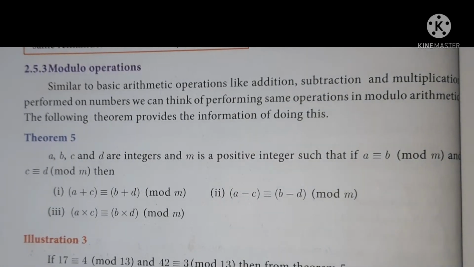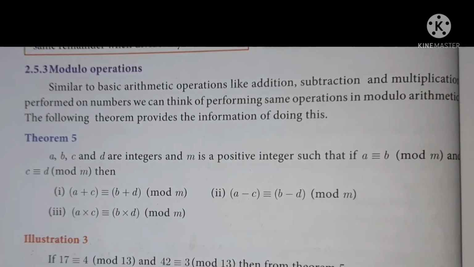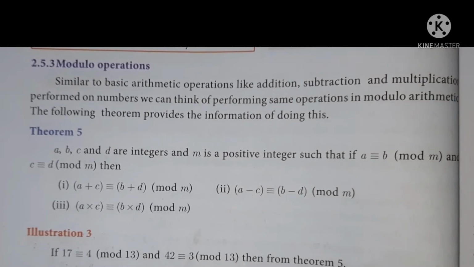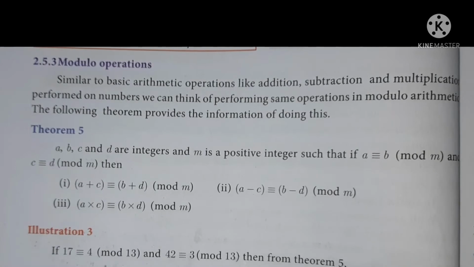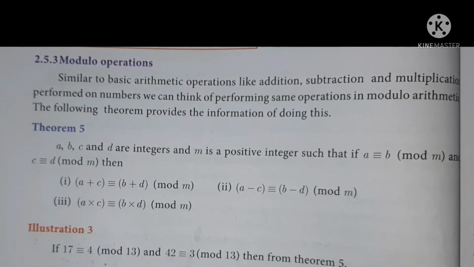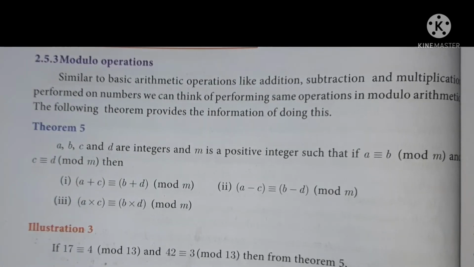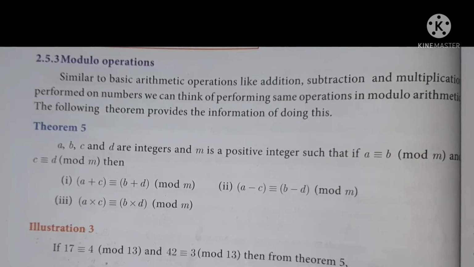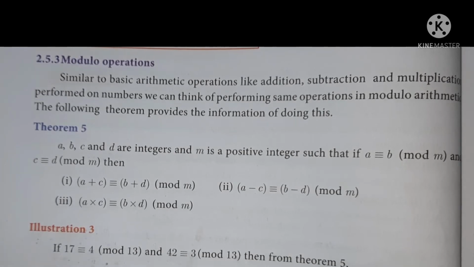A, B, C and D are integers and m is a positive integer such that if A is congruent to B mod m and C is congruent to D mod m, then first, A plus C is congruent to B plus D mod m. Second, A minus C is congruent to B minus D mod m. Third, A into C is congruent to B into D mod m.